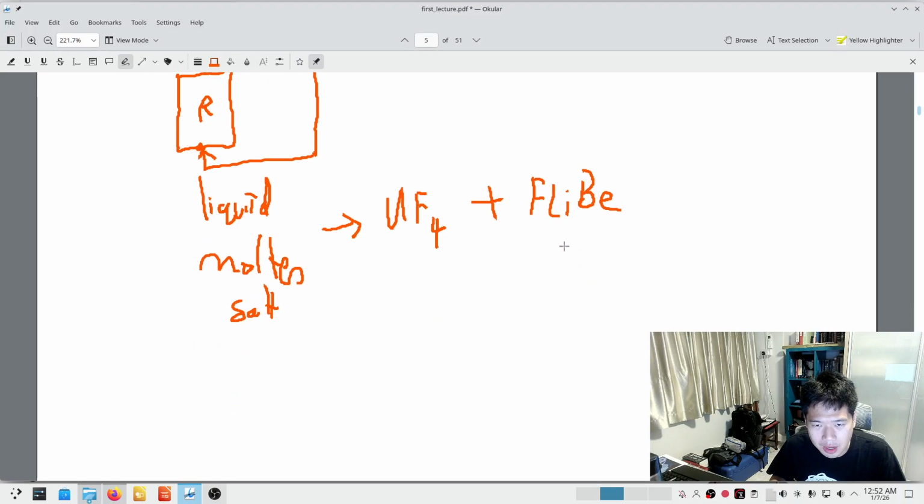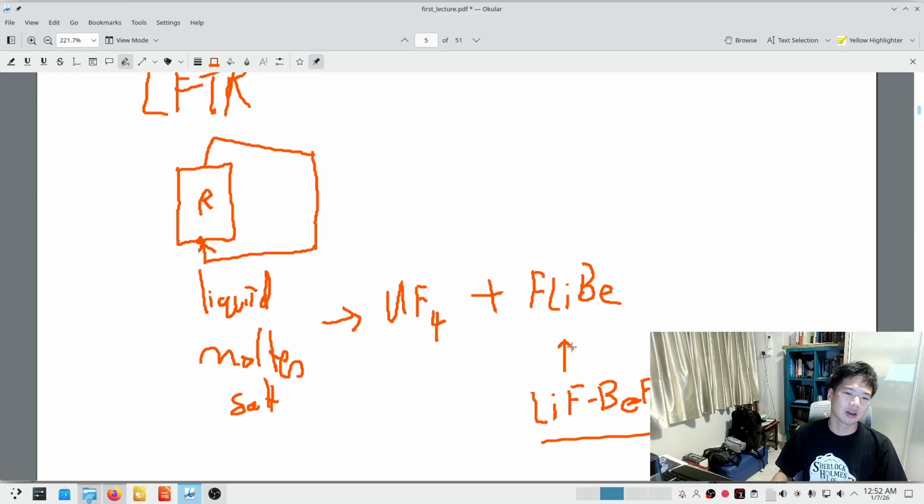Flibe is a eutectic mixture of lithium fluoride and beryllium fluoride. So this is uranium tetrafluoride, and of course somewhere in there there'll be thorium fluoride. I can't remember what the oxidation state was.